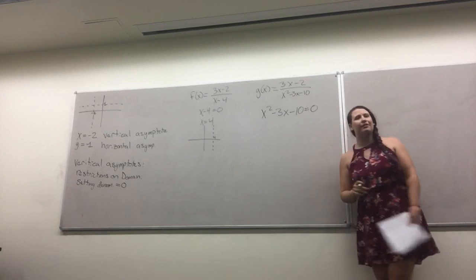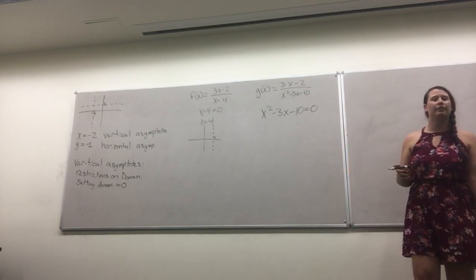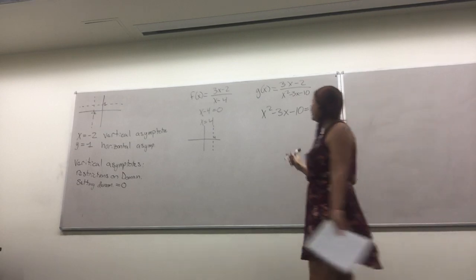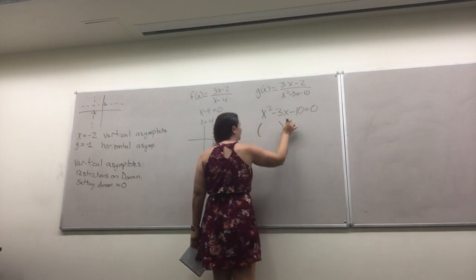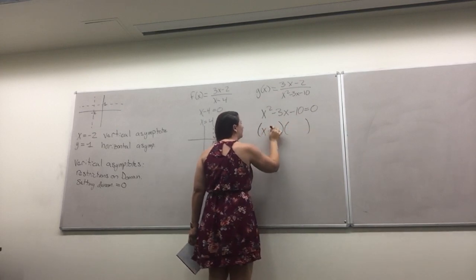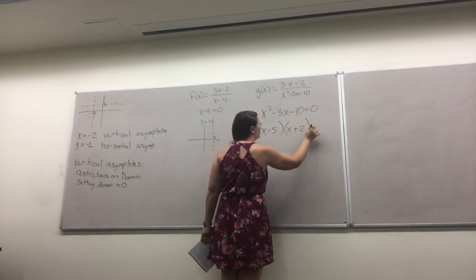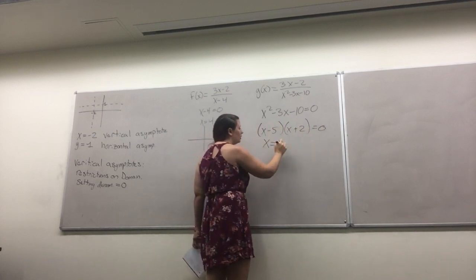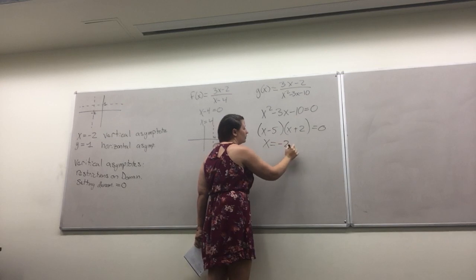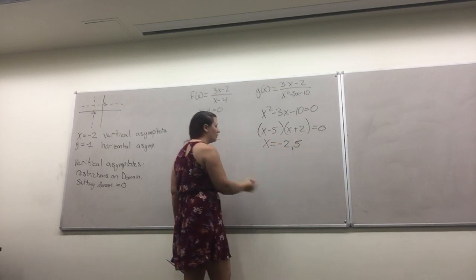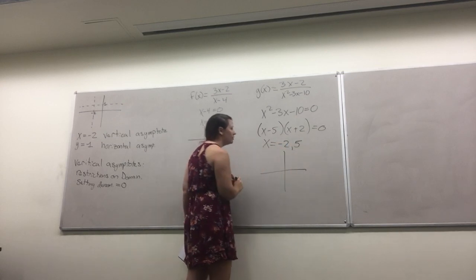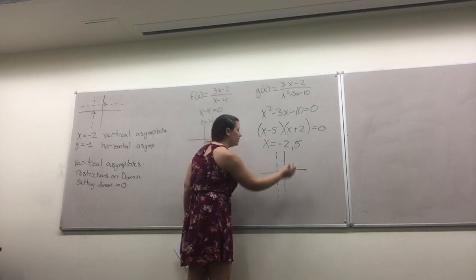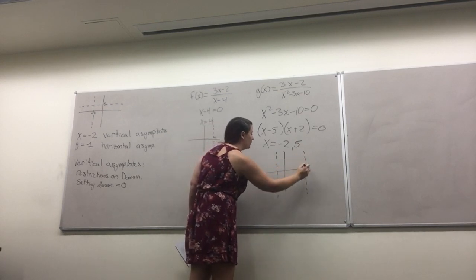Well, how do we solve that? Factor into what? -5 and +2. You get our -3. So that means x is equal to -2 and 5, right? So again, just graphing the asymptotes, -2 and +5.